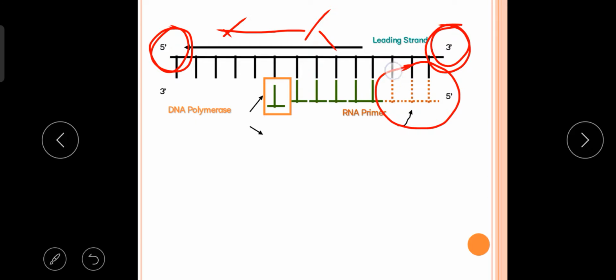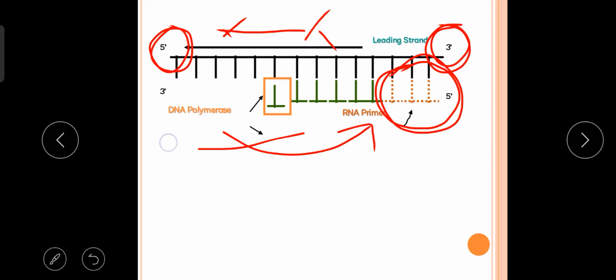This is the RNA primer formed at the 5 prime end, and the DNA polymerase binds to this RNA primer. When the DNA polymerase binds to the RNA primer, it will polymerize, or add the deoxyribonucleotides one by one, and this way the chain continues in this direction.